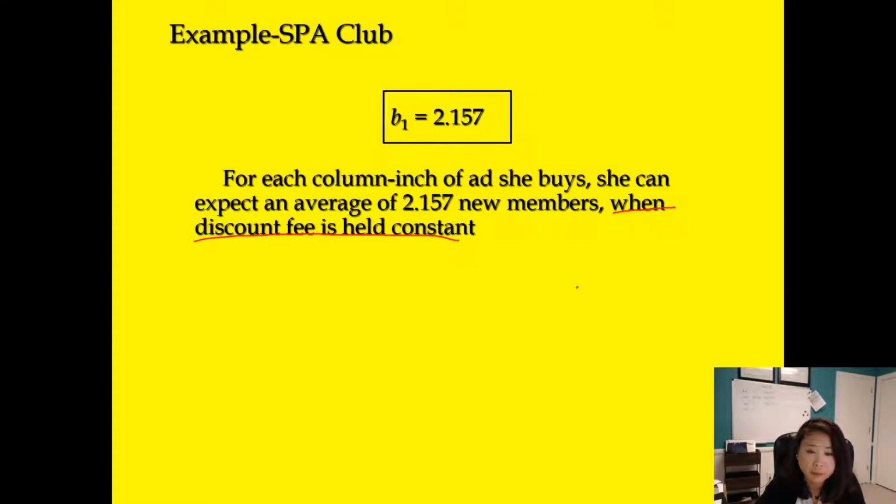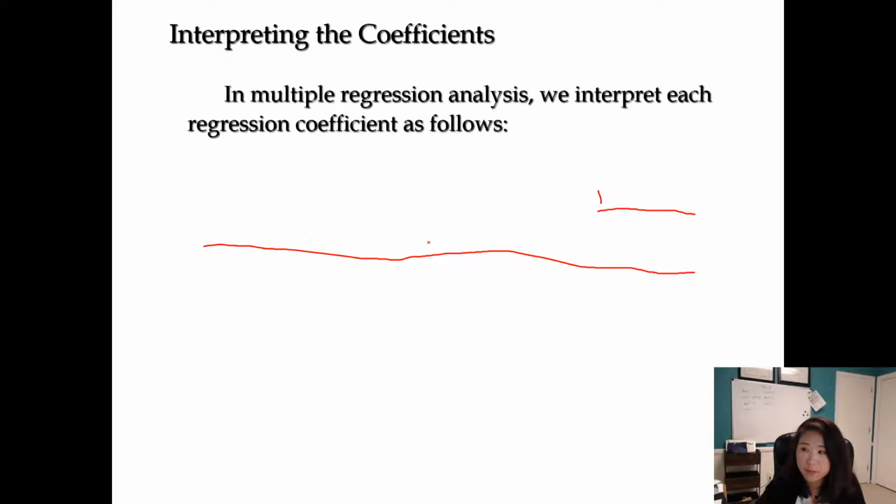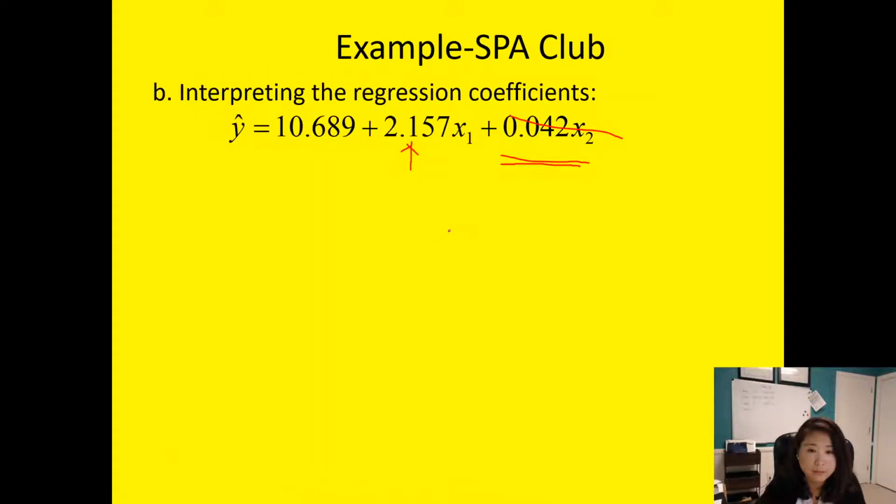So how about B2? Before I show the answer, think about B2, which is 0.042. It means if the discount amount increased by $1, the number of new members will increase by 0.042, given the ad column inches is not changed. The question I want to ask you: does that make sense to you?